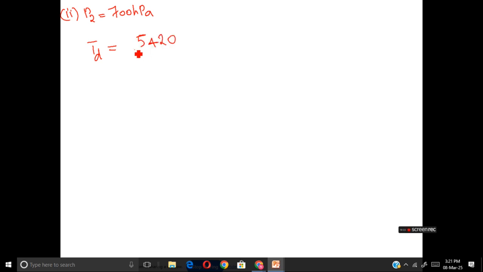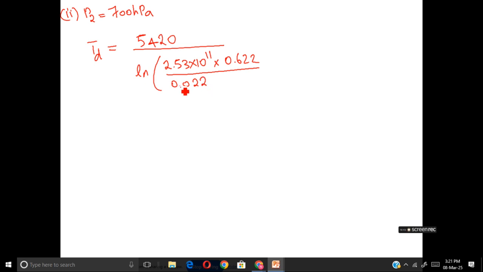So it will be 5420 divided by log of 2.53 into 10 raised to 11 into 0.622 divided by omega or R, which is basically 0.022 into P. Here in this case it is 700 into 10 raised to 2. How much will it be at pressure level 700 hectopascal? Same thing, just replace the value of pressure.